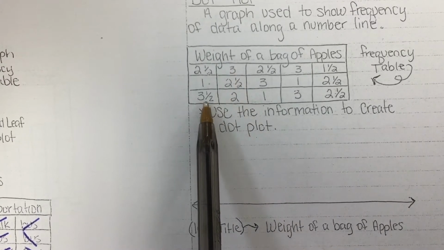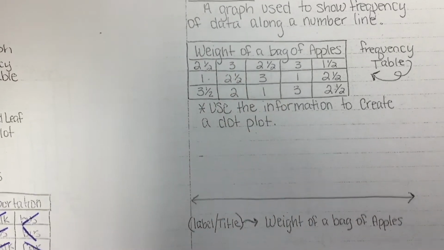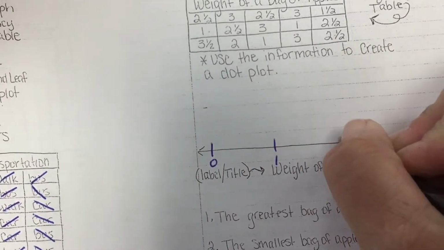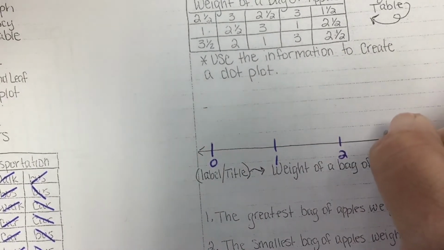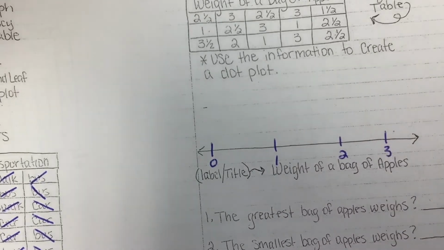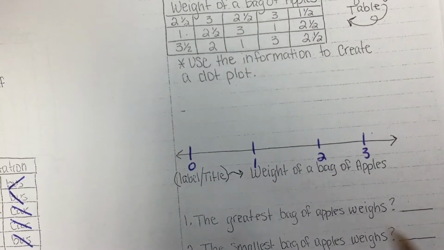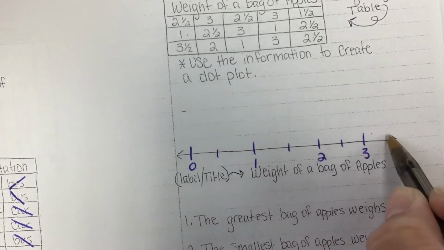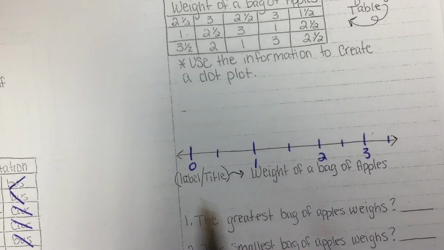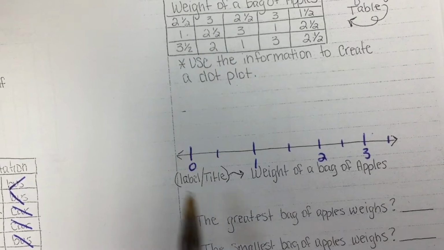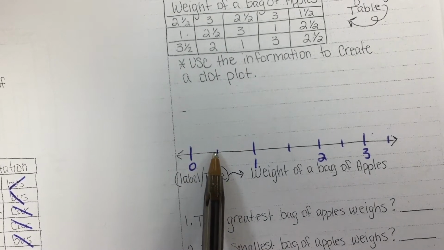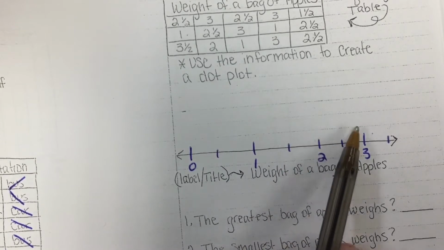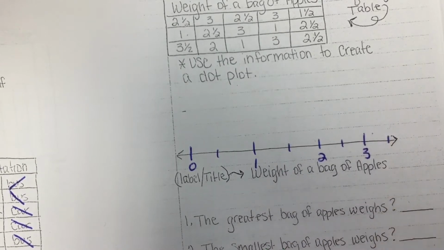Nope, there's 3.5. So I'm going to count. You can do 0, 1, 2, and 3. And then understand that these are going to be your halves. Or you can write them. Okay. 0, 1/2, 1, 1.5, 2, 2.5, 3, 3.5.